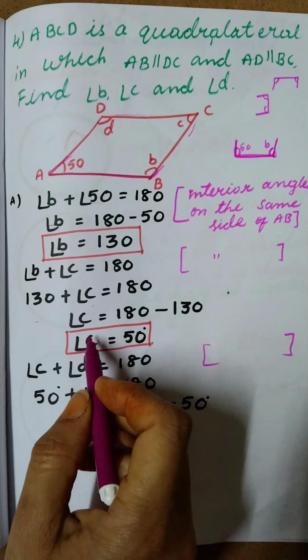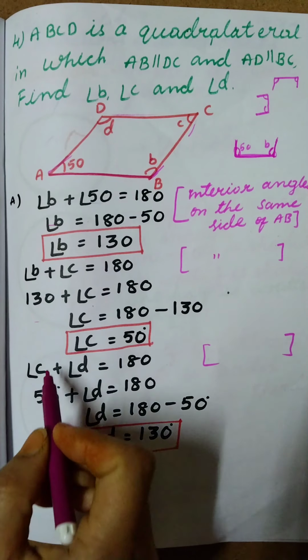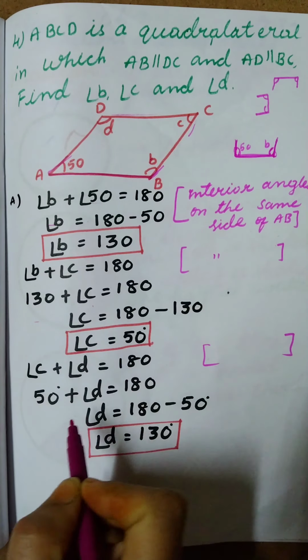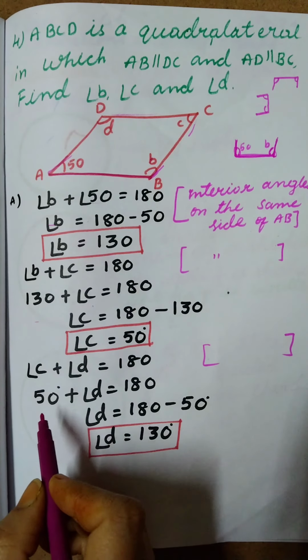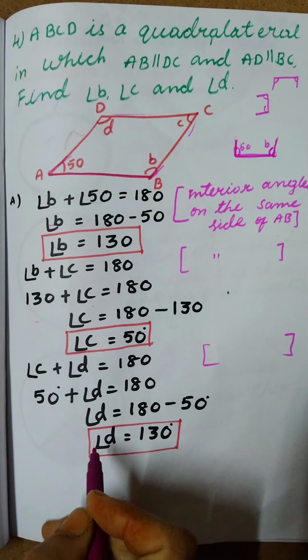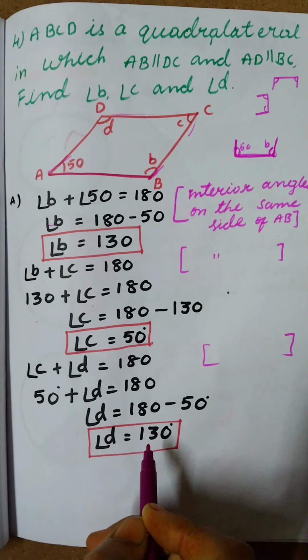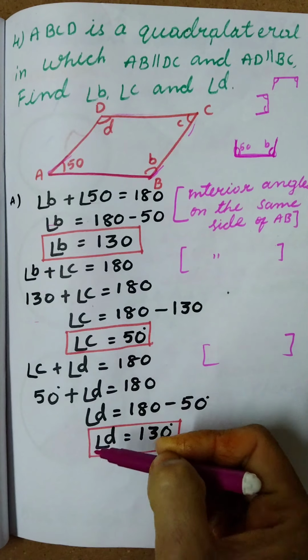We already got C as 50, so in place of C we substitute 50, plus D equal to 180. Next, we have to find angle D. This 50 degrees, if we transpose to that side, we get minus 50. D equal to 180 minus 50, we get D equal to 130 degrees. Okay, we got the values of angle B, angle C and angle D. Okay, children.